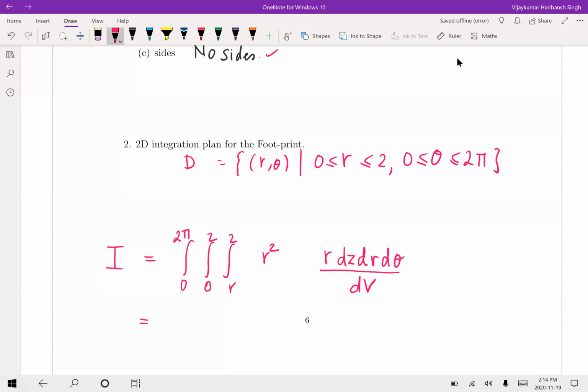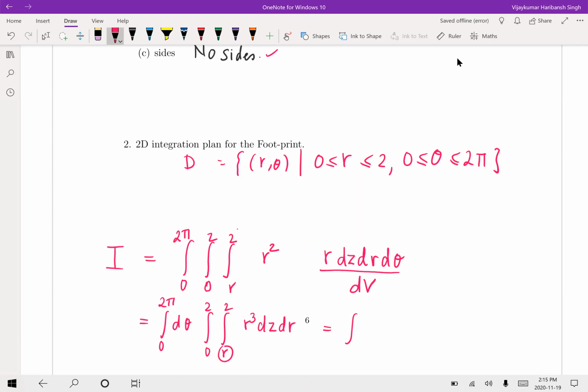And then if we have to integrate this, it's a separable integral. You can basically write it as 0 to 2 pi. It's essentially integration over a rectangular box. Not really, it's not a rectangular box. We have to integrate 0 to 2 pi, 0 to 2, r to 2. Because of this r, it's not a rectangular box, right? So we have r cubed dz dr, and then we can compute this integral.